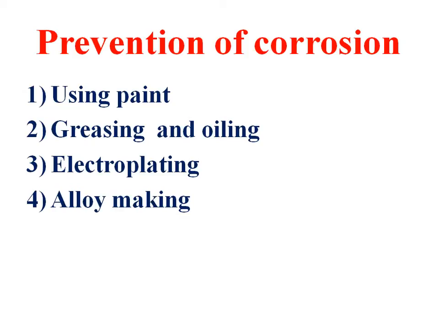That's why only a layer is used to prevent corrosion, or rusting, of the metal. The next one is alloy making. By making alloys we can prevent corrosion. The best example of an iron alloy is steel. Stainless steel does not corrode.